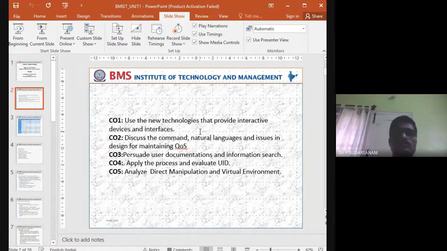CO2, course outcome 2, is to discuss the commands, natural languages and issues in design for manipulation of the quality of the service. Quality of service here means we need to enter some commands for the interaction purpose, or use some languages.